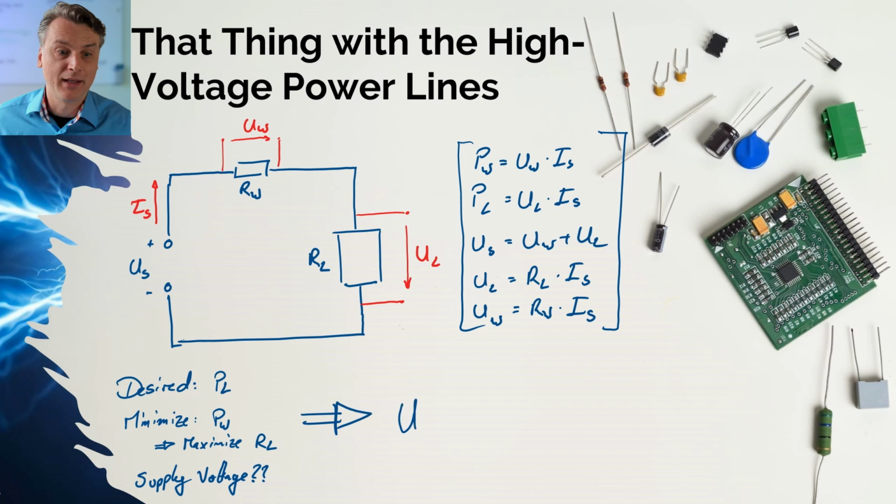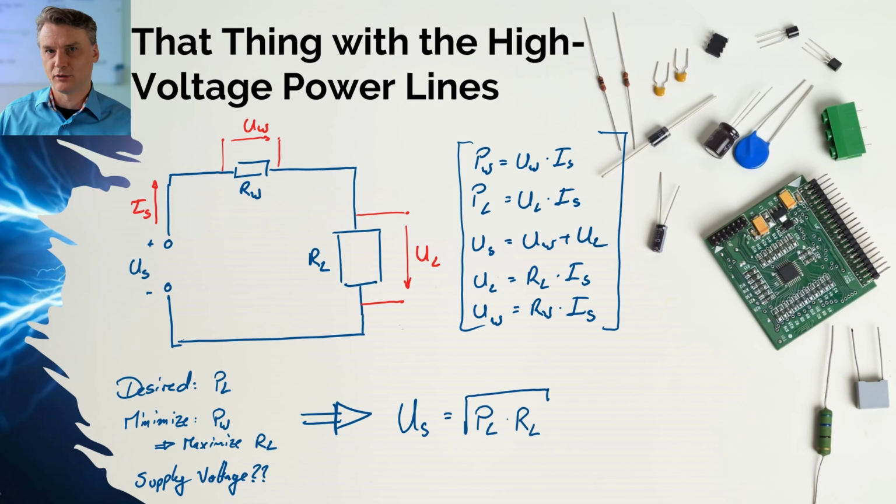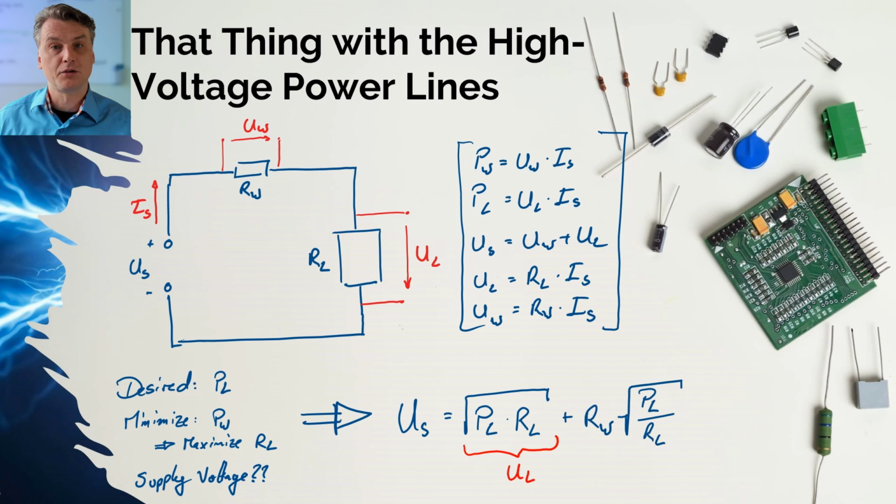Well, we can solve for that. That supply voltage is then equal to the square root of the desired power in the load multiplied by the resistor. You remember that equation from before? But that is only the voltage drop in the load. We also need the voltage drop in the wire, which for your convenience, I've solved already. And this typically is very, very small.